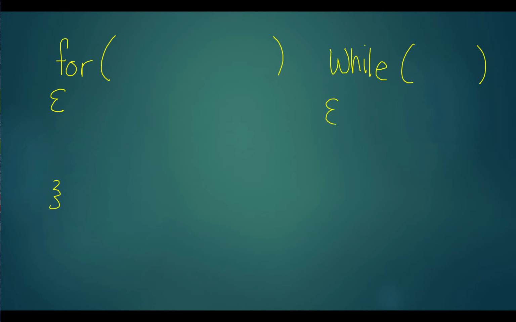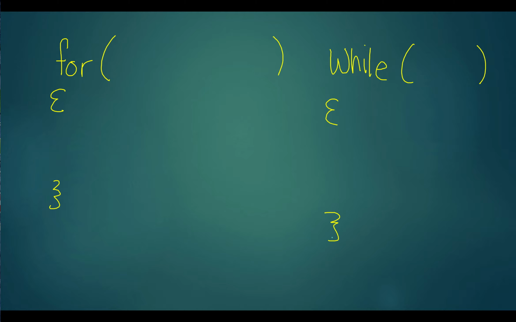All right, so all loops are set up with a block of code, just like everything else in the language C. A for loop is going to have a header and an opening curly brace and a closing curly brace. A while loop is set up the same way, with an opening curly brace and a closing curly brace.